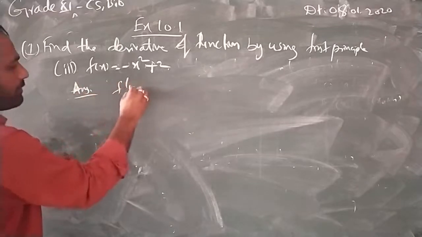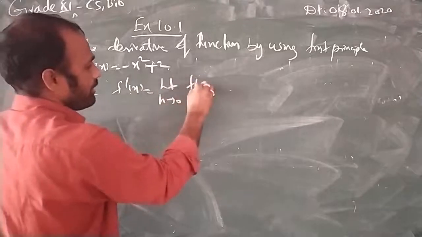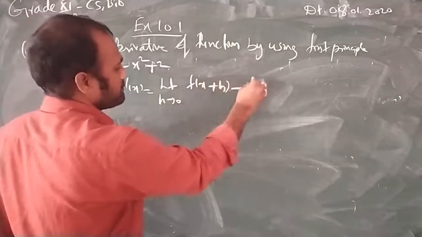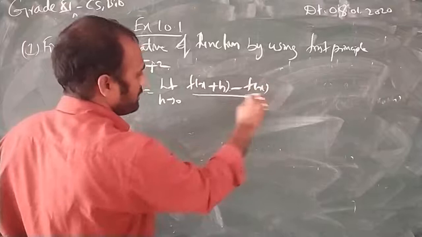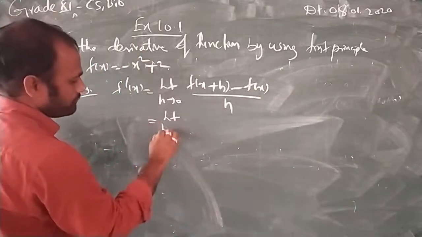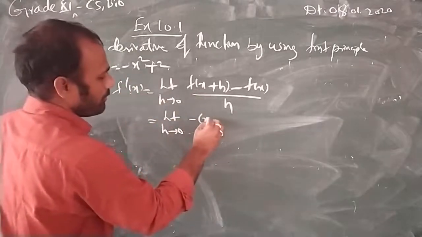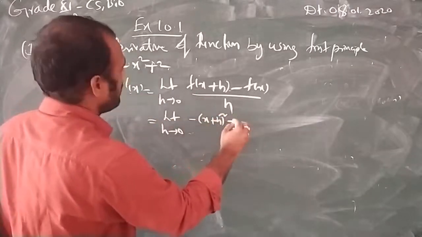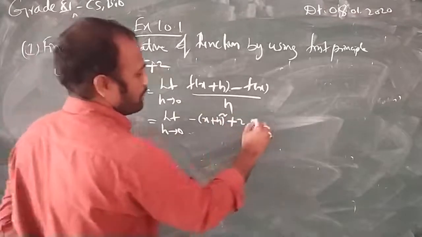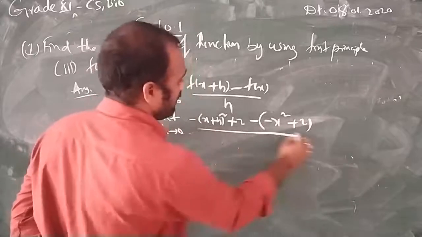F dash of x is equal to limit h tends to 0, f of x plus h minus f of x divided by h. So limit h tends to 0, f of x plus h. So it is minus of x plus h whole square plus 2, minus minus x square plus 2, divided by h.